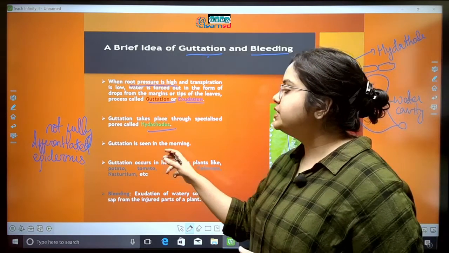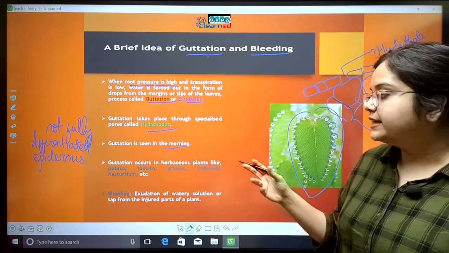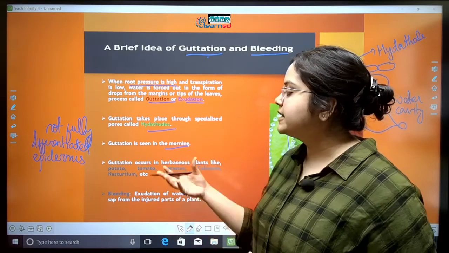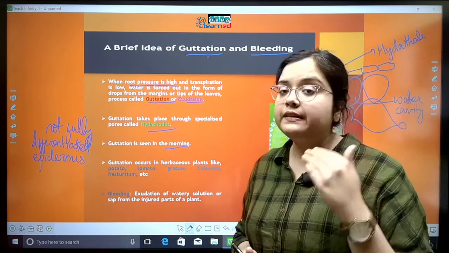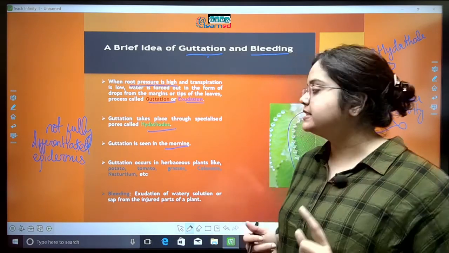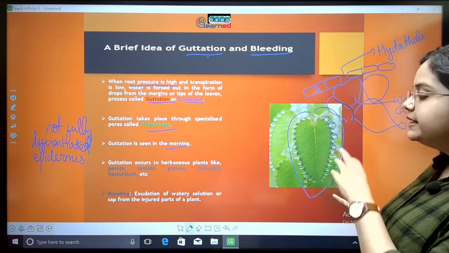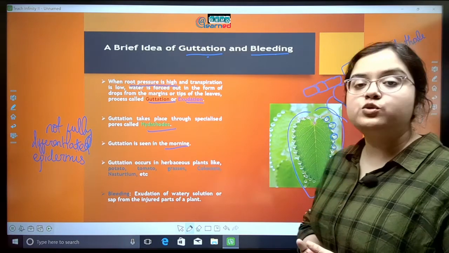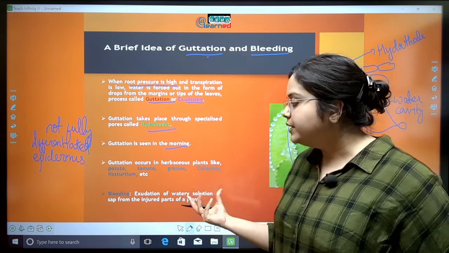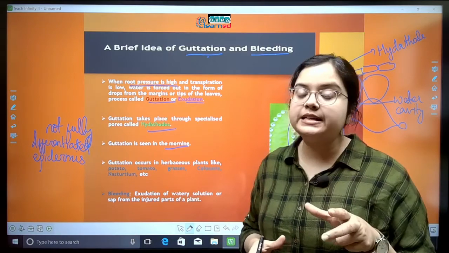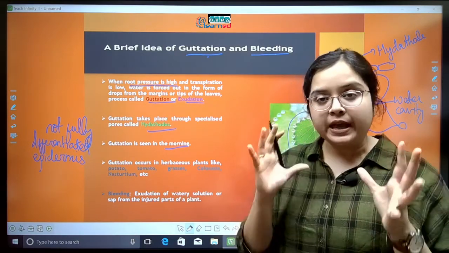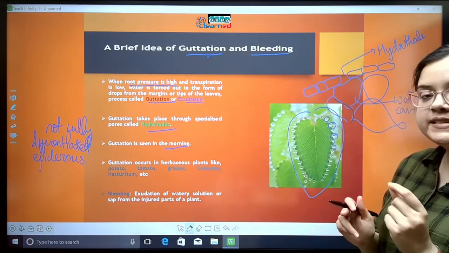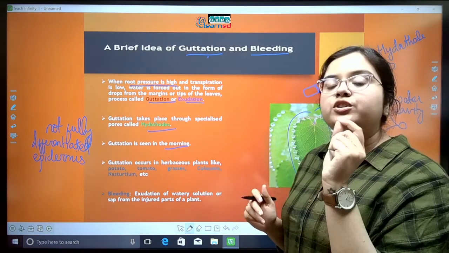Guttation is seen in the morning or at night, and it occurs in herbaceous plants like potato, tomato, in grasses, and you can observe it in colocasia. In these kinds of plants you can actually see this process. And bleeding is another type of exudation of watery solution from the sap. Like I said, if you take a herbaceous plant in the morning in a moisture laden atmosphere and cut the stem, you can see that the water will come out.